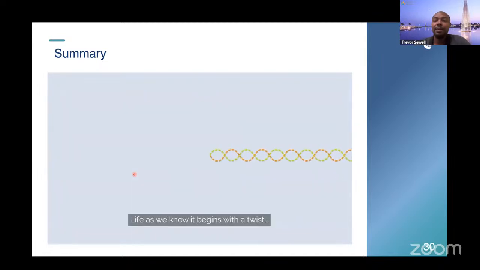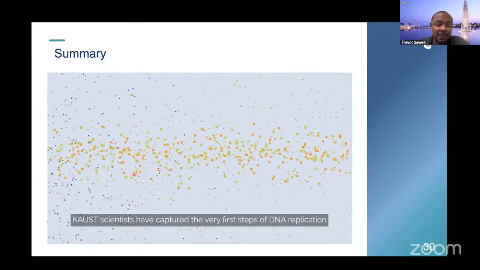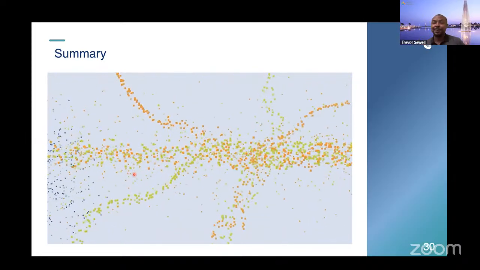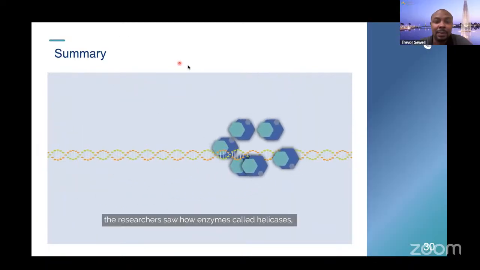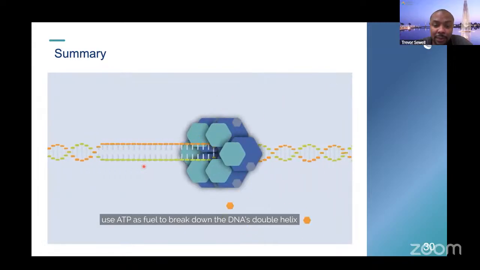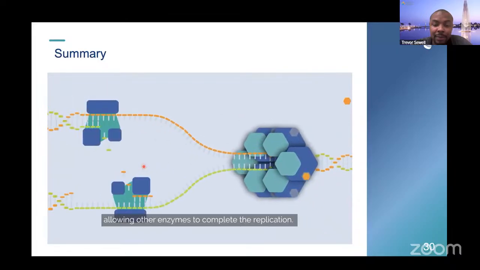Life as we know it begins with a twist, or rather an untwisting. For the first time, KAUST scientists have captured the very first steps of DNA replication when the double helix begins to unwind. Using electron microscopy and AI, the researchers saw how enzymes called helicases use ATP as fuel to break down the DNA's double helix and pull the two strands apart, allowing other enzymes to complete the replication.